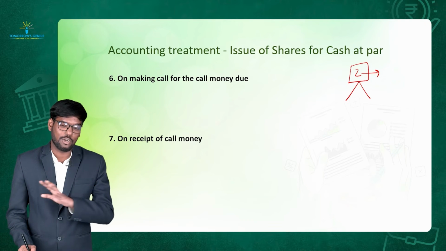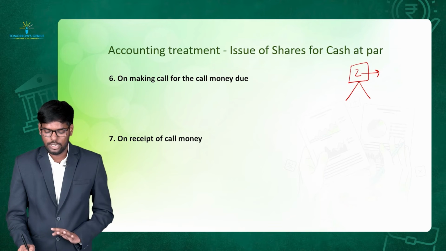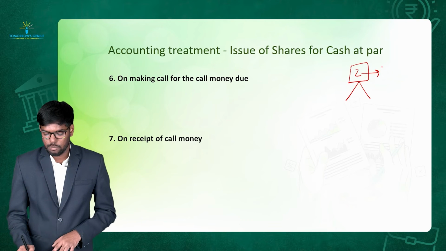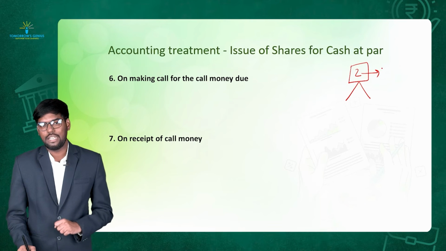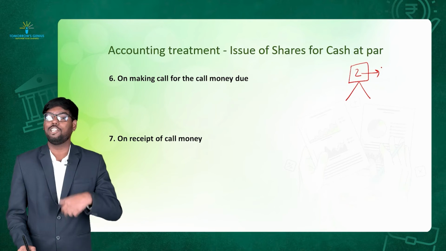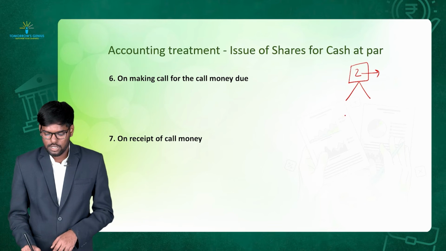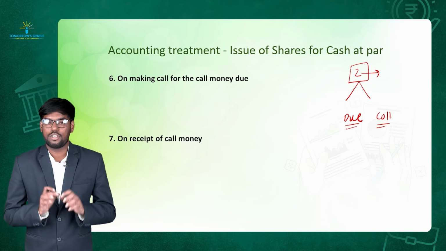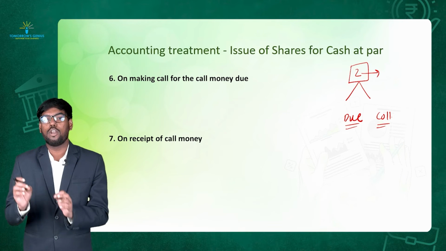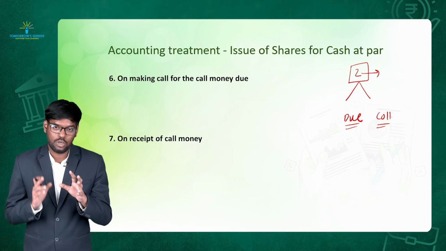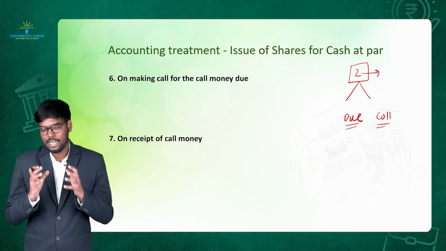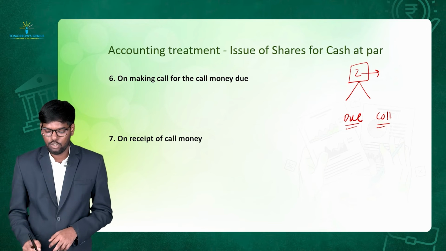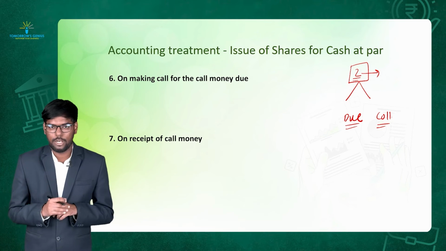For example, the company is going to collect this money of rupees 2 in one call only, right? So that is nothing but the final call money. If the company is going to collect this money in a final call, then we have to pass again 2 journal entries, right? One for due and another for collection. Due entry and collection entry. Now you have to think here, which money are you going to collect? You are going to collect final call money, right? That call money of rupees 2 is ultimately part of your capital only.